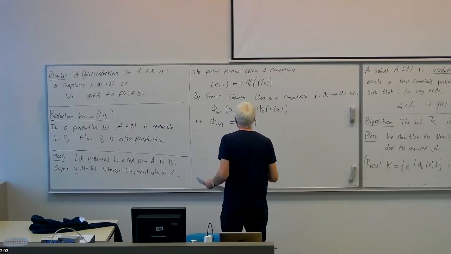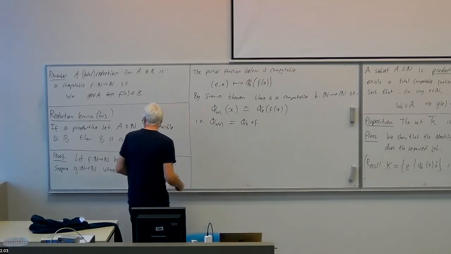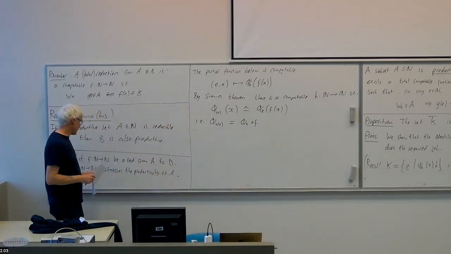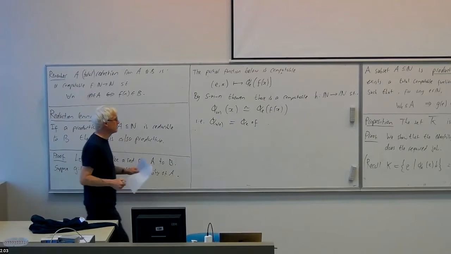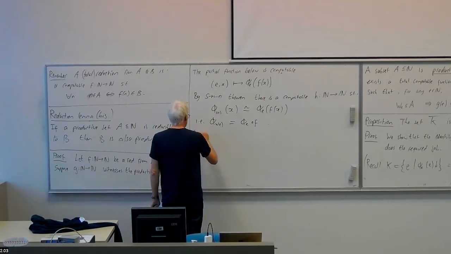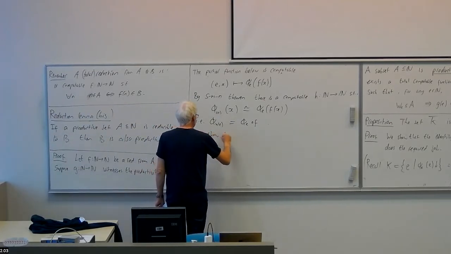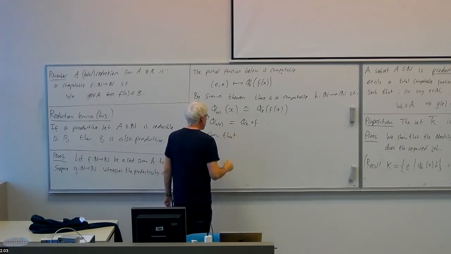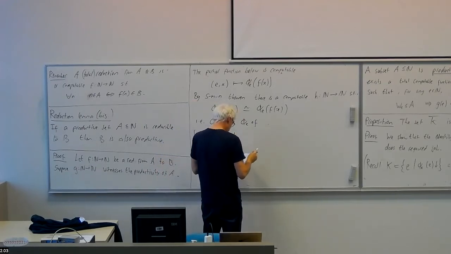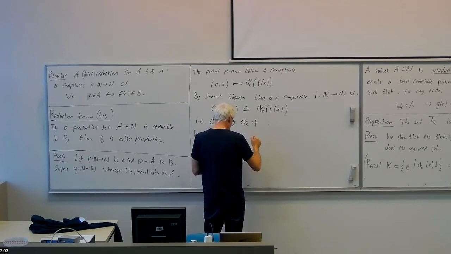So we want to show that B is productive. We're going to show that its productivity is witnessed by the function that we get by composing the three functions we've got at hand together.